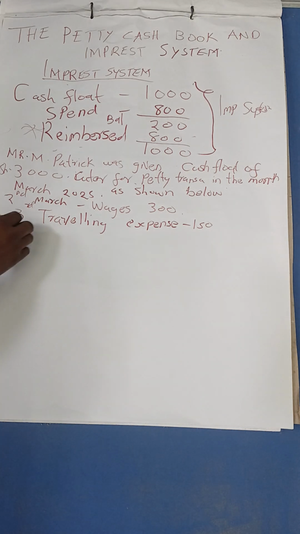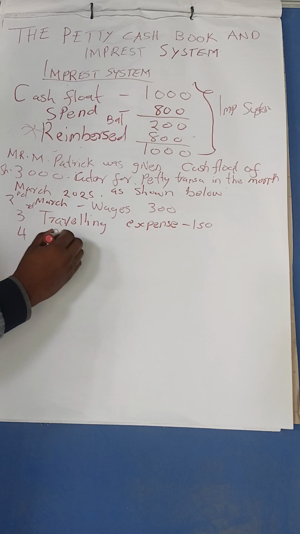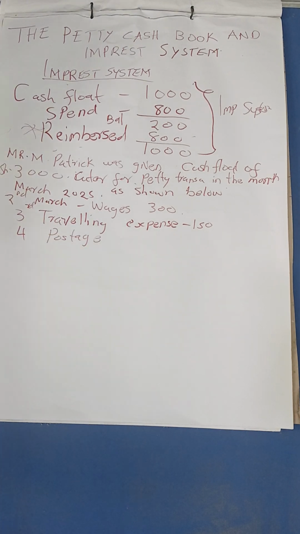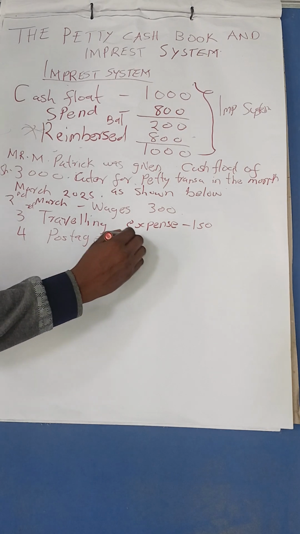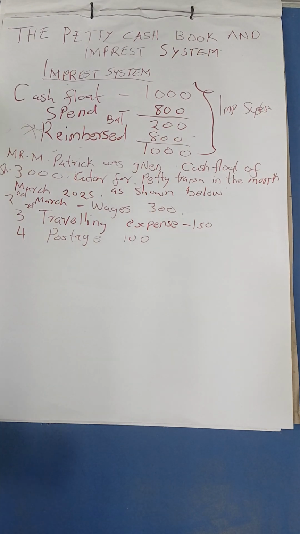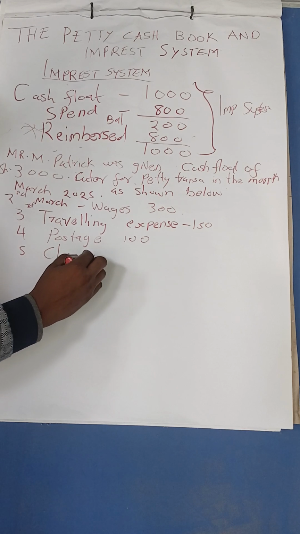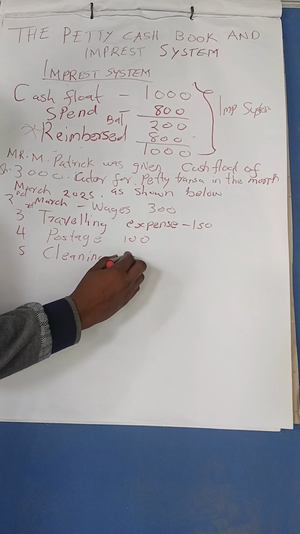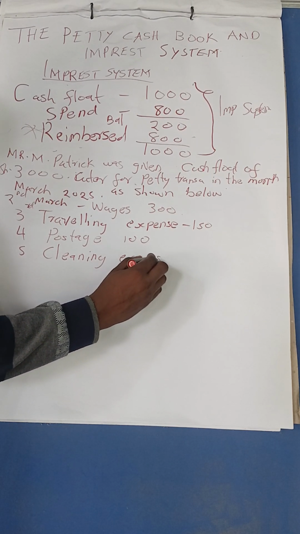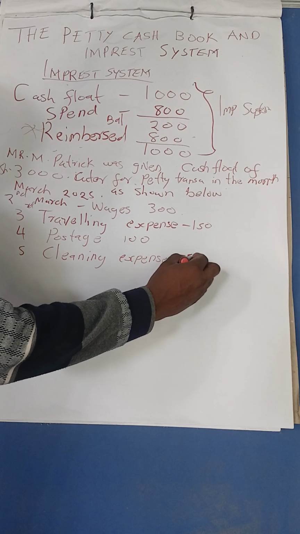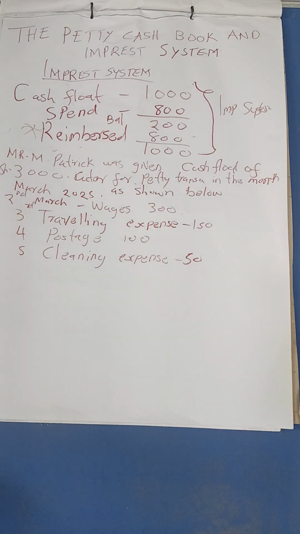Then we have postage. Postage we had 100. Then cleaning expense. We had cleaning expense of 50 shillings. Maybe that was just a broom bought in the business or on the farm.